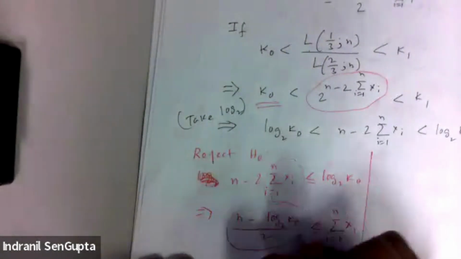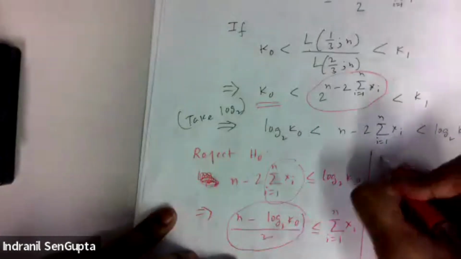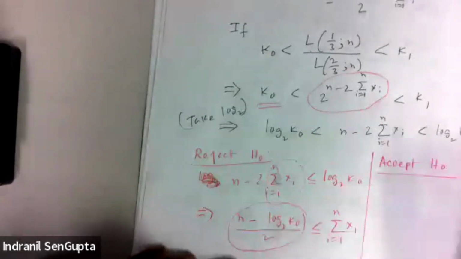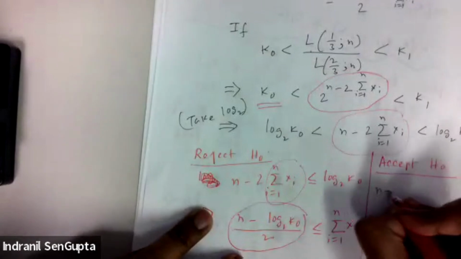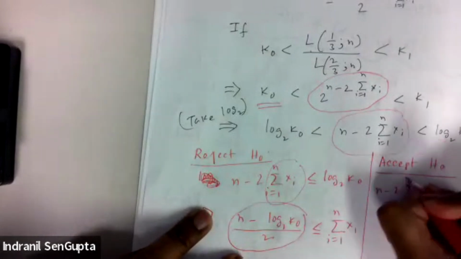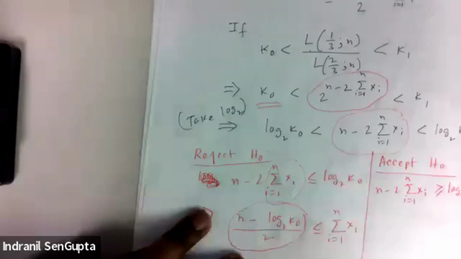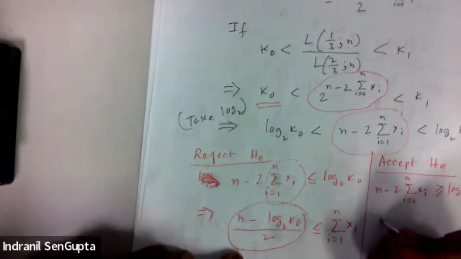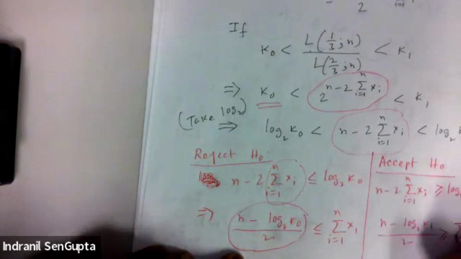Let's call this one something pretty soon, but let's continue. And accept H0 provided this sum from i=1 to n of xi is more than that, so log 2 of k1. If I again solve for this one, it's n minus log 2 of k1 over 2 is bigger than the sum from i=1 to n of xi.